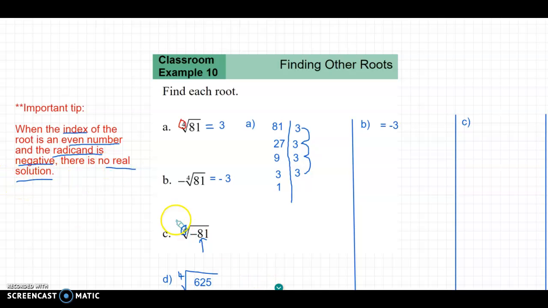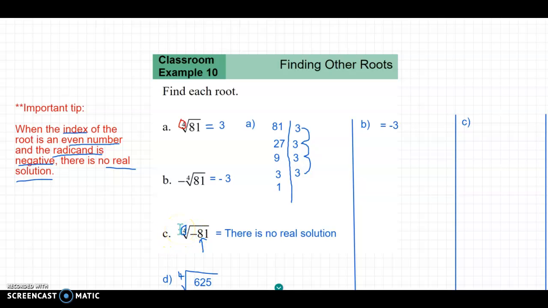So here the solution is not a real number. For this negative number inside the root, there is no real solution, always, when the index is an even number.